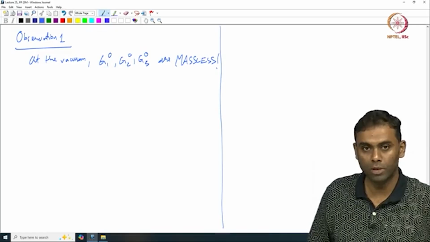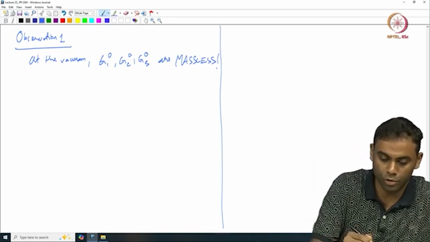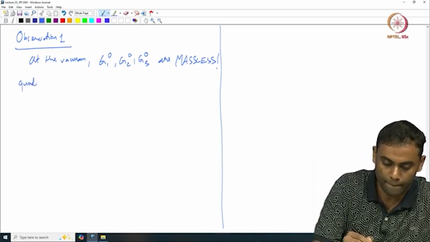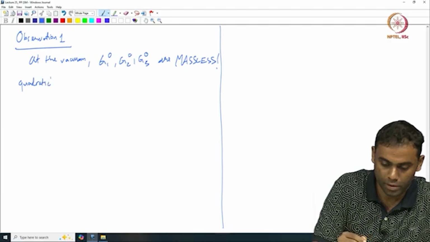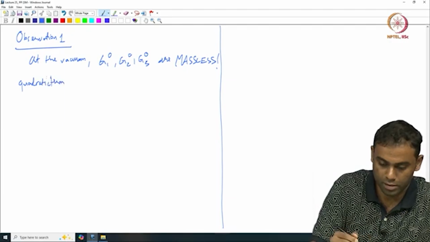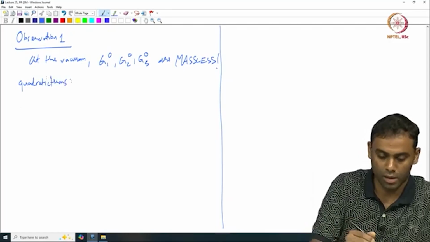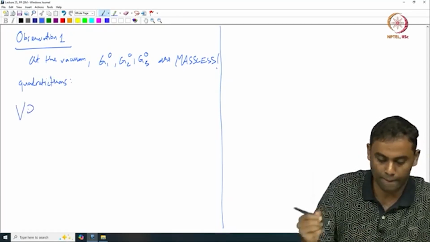Okay, how do I do that? I have to look at the quadratic terms, right, of these fields. And how would the quadratic terms look like?